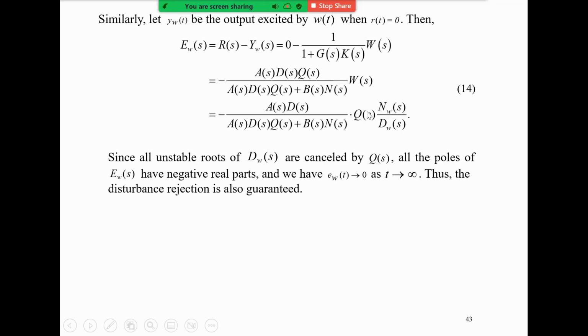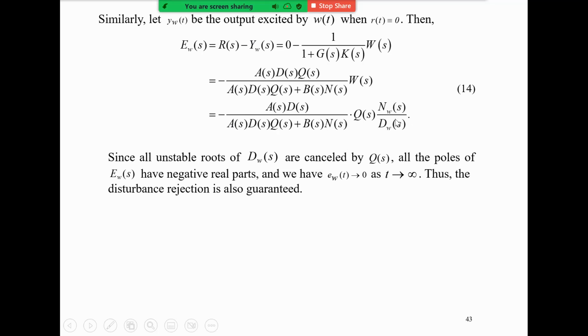And you will realize, again, we want to make this output due to the disturbance go to 0. We want to minimize the impact of the disturbance. So I want this one to go to 0, and you can ask, how do I make it go to 0? This whole system is stable, so all the factors inside this polynomial are stable.